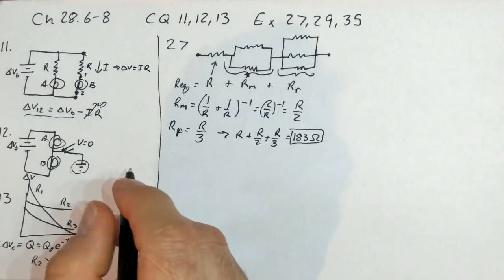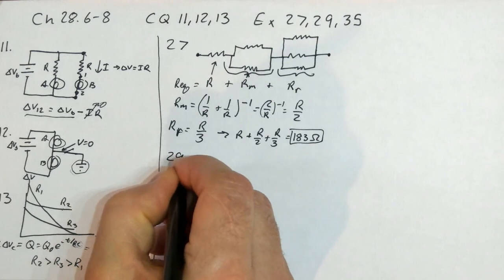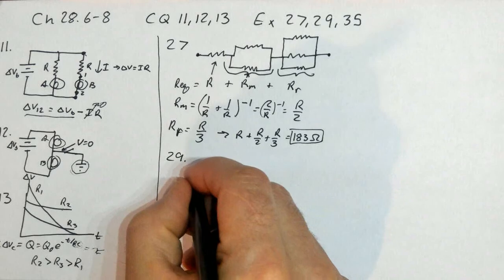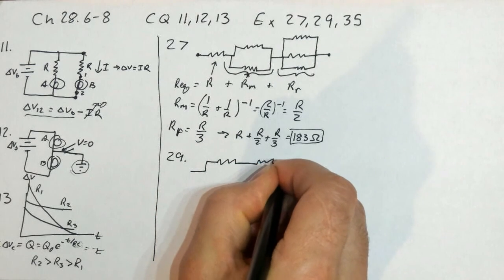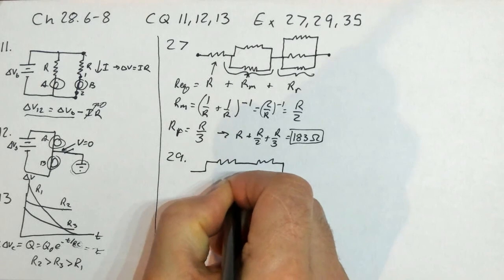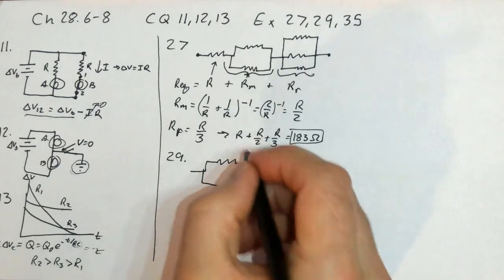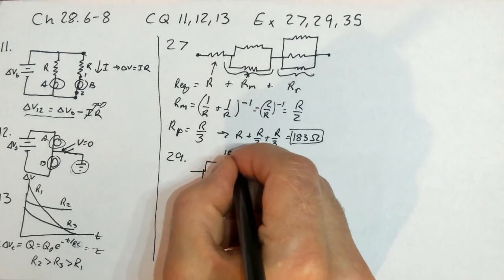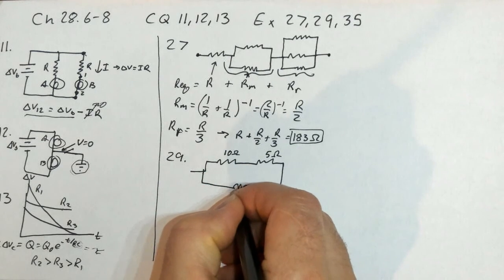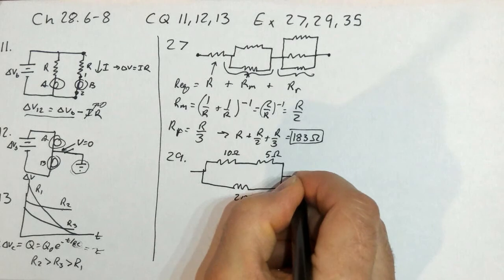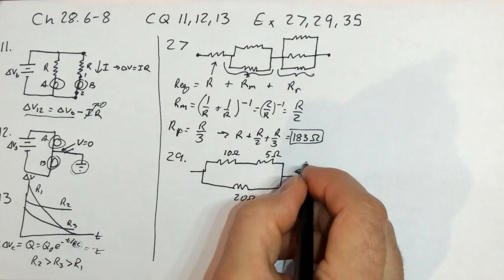Okay. All right, now 29. Okay, this is a circuit with 3 resistors. We have a 10 ohm resistor, a 5 ohm resistor, and a 20 ohm resistor. We have current flowing in from the right.